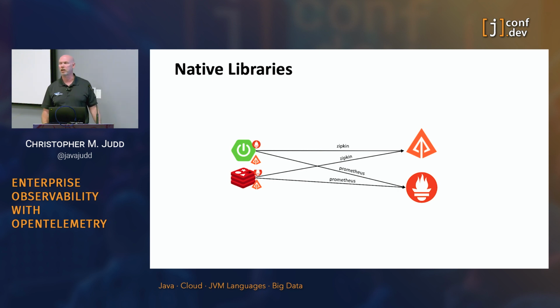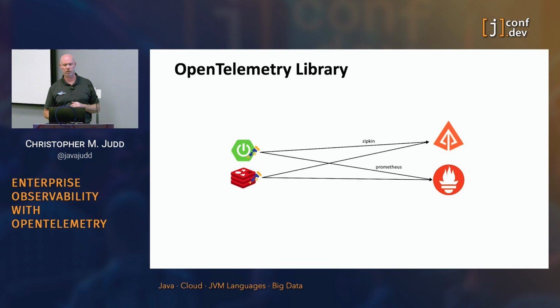You would embed those libraries or an agent on that machine. Well, one of the advantages of OpenTelemetry is instead of having those inside of your applications, you can be dependent on just the OpenTelemetry libraries, the SDKs that we talked about, and you've abstracted yourself from the underlying implementation.